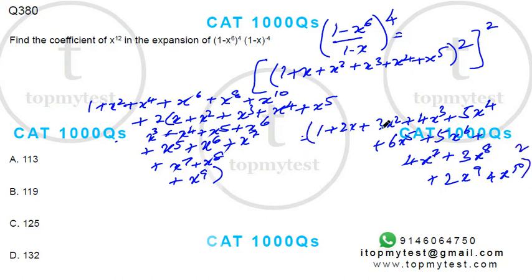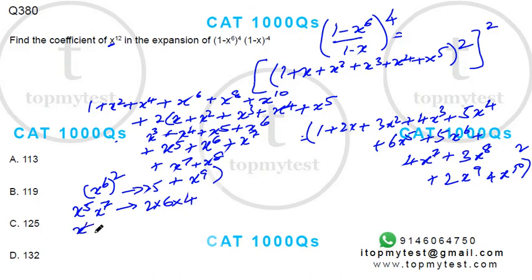Now when you square this again, you are interested in the coefficient of x to the power 12. How do you get x to the power 12? When you square the x to the power 6 term, you will get 5 square, which is 25. When you multiply x to the power 5 with x to the power 7, that will be twice of 6 into 4.